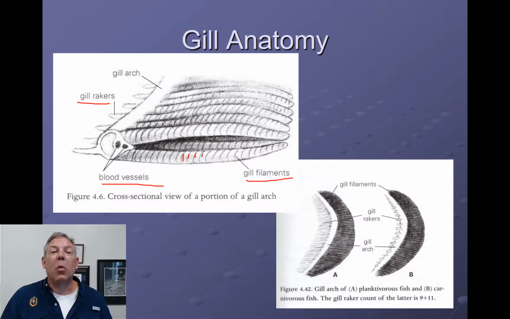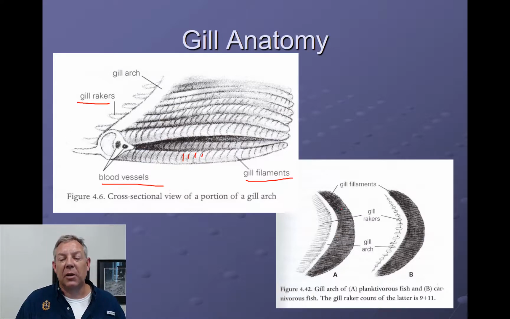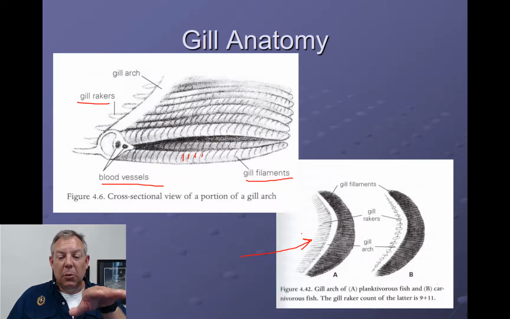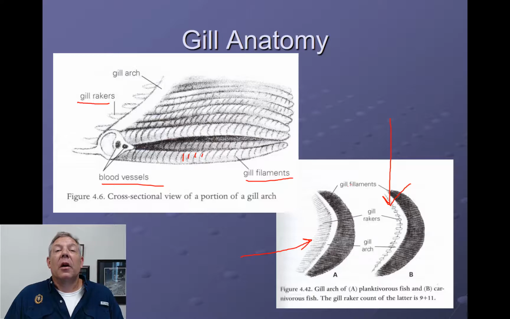We can also figure out what the fish eats by looking at these rakers. Here, this fish, A, has very narrowly spaced fine rakers, so it's going to be able to filter very small particles out of the water. Whereas here, this fish has very short and stubby rakers. It's not going to be able to filter the water well at all. That's what the rakers are for: filtering water and trapping food.